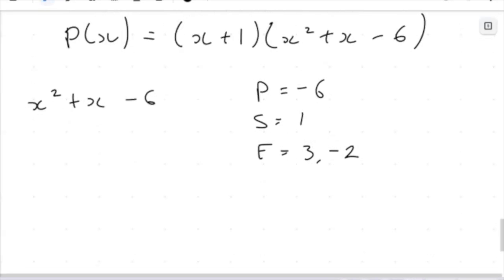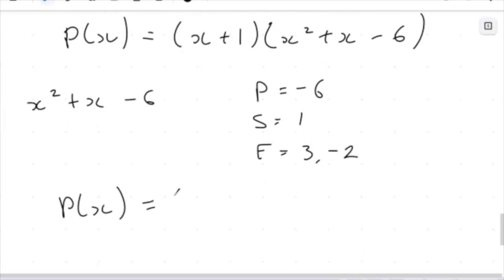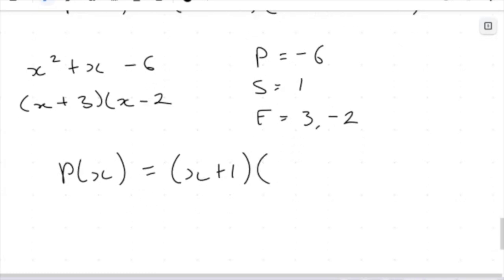Okay, so this means that we can write p of x as x plus 1, and now we can factorize this. Because I have these factors, I can rewrite x squared plus x minus 6 as x plus 3, x minus 2. And that is what I'm going to write here.